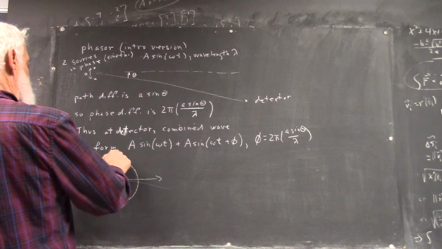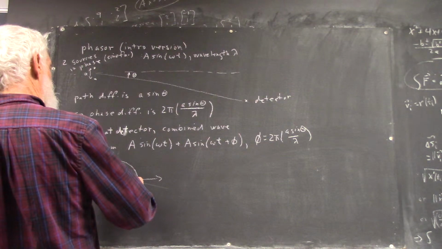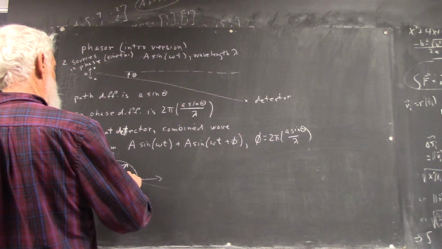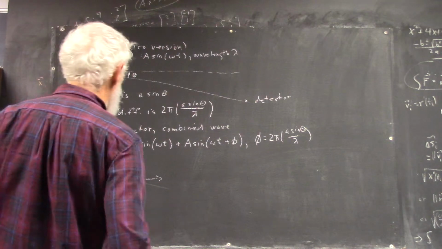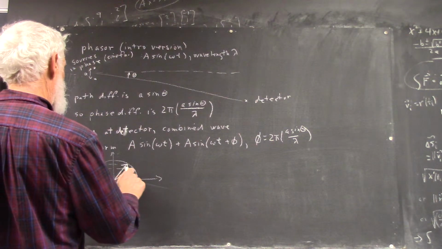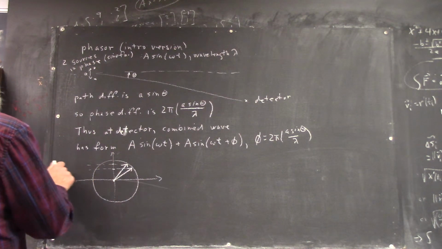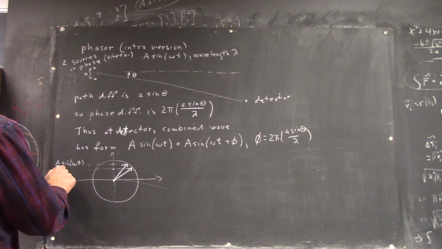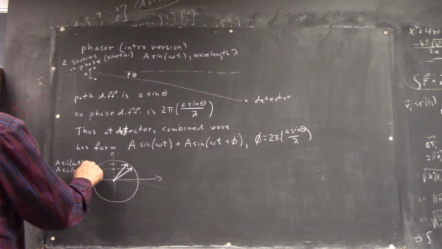Okay, so what we have now is the y-coordinate here and the y-coordinate here are A sine of omega t and A sine of omega t plus phi.